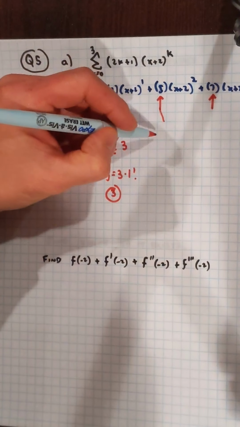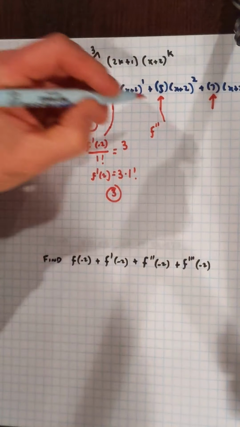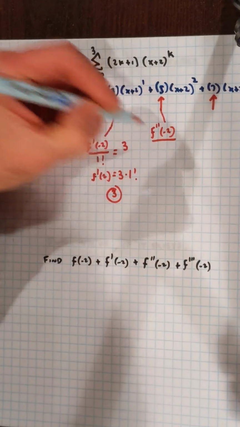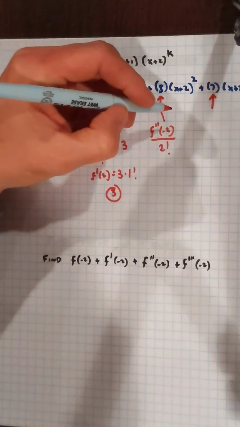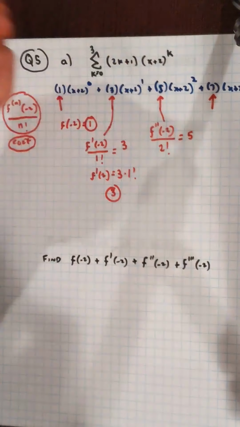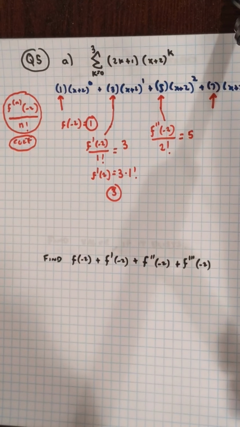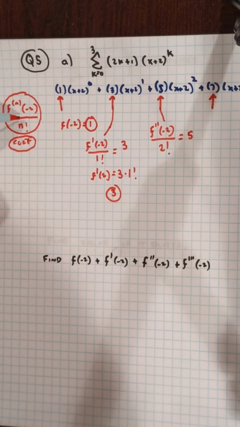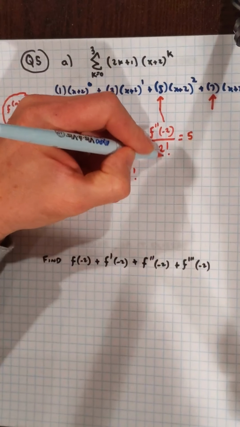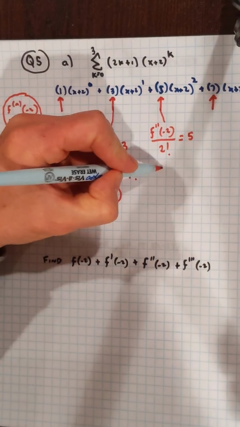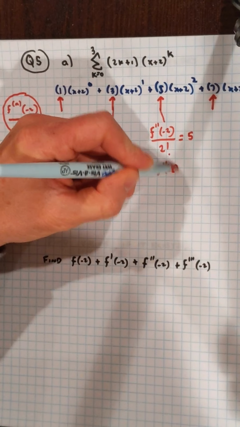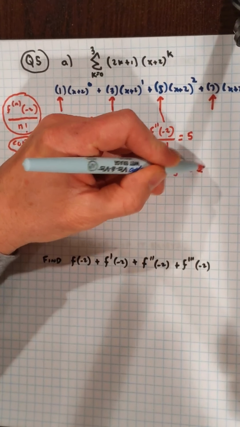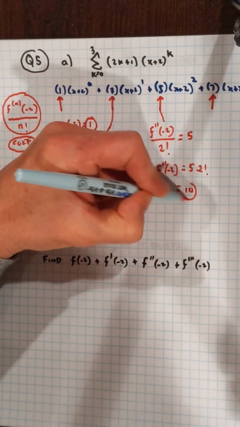That's the second order. So the second derivative at -2 over 2 factorial has to be that 5. That's how you get the coefficients, is through this. So again, multiply both sides by 2 factorial, and I get the second derivative at -2 is 5 times 2 factorial, which is 10.